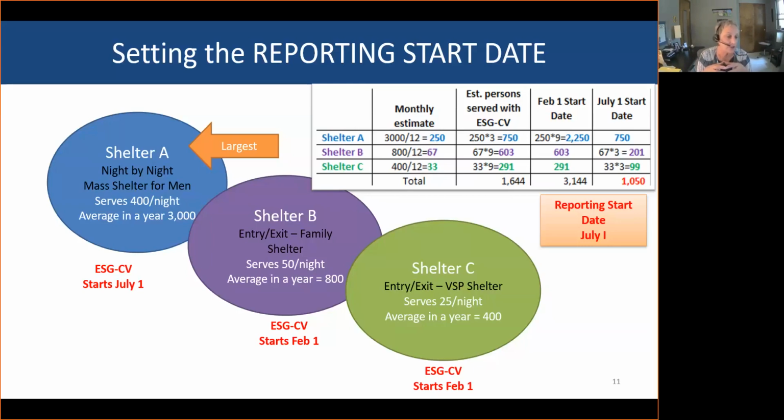The report is just going to show who was served during the time period that we run the date range for. So we're really only worrying about our shelters and our street outreach programs, and for the most part, it's generally the shelters that you're looking at to set these dates.